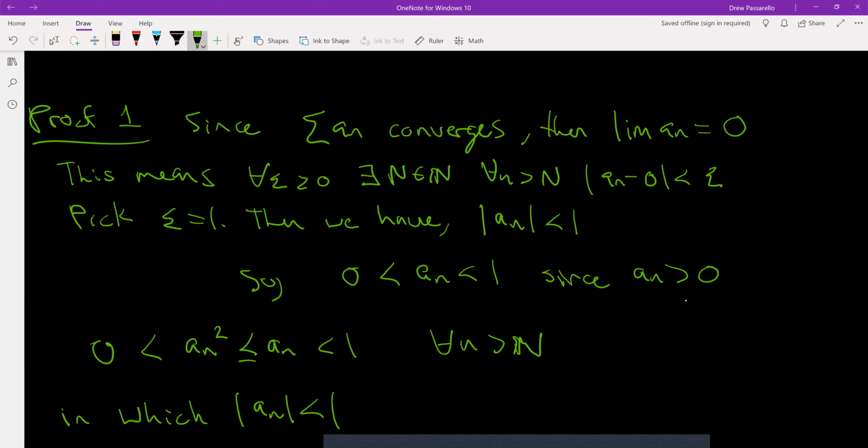Since the terms are between 0 and 1, we're dealing with fractions, and so a_n squared is going to be less than or equal to a_n, which is less than 1, right?